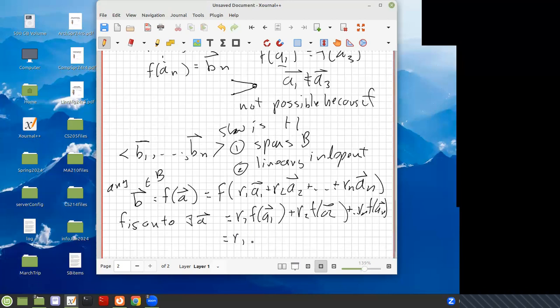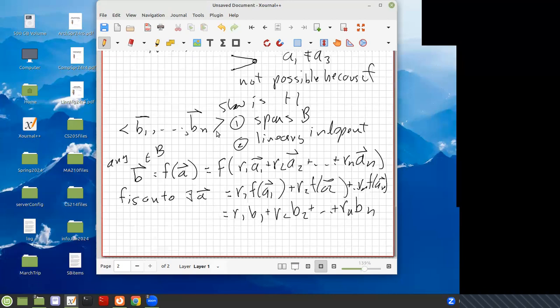So this is R1 B1 plus R2 B2 plus dot dot dot plus Rn Bn. That shows that the B's span the codomain, because F is onto and F is linear.